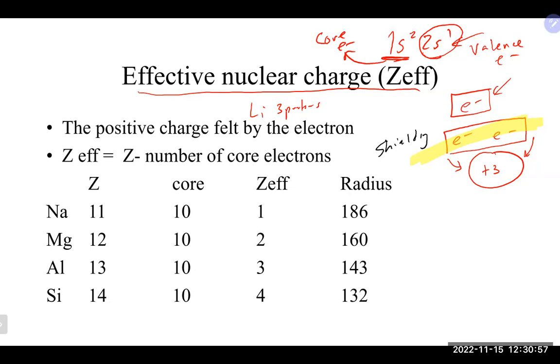So effectively it is not feeling that +3 charge, and you can calculate the Z effective pretty simply. It is the positive charge of the nucleus minus the number of electrons that are shielding, which means that outer electron is only feeling about a +1 attractive force from the nucleus because of that shielding.